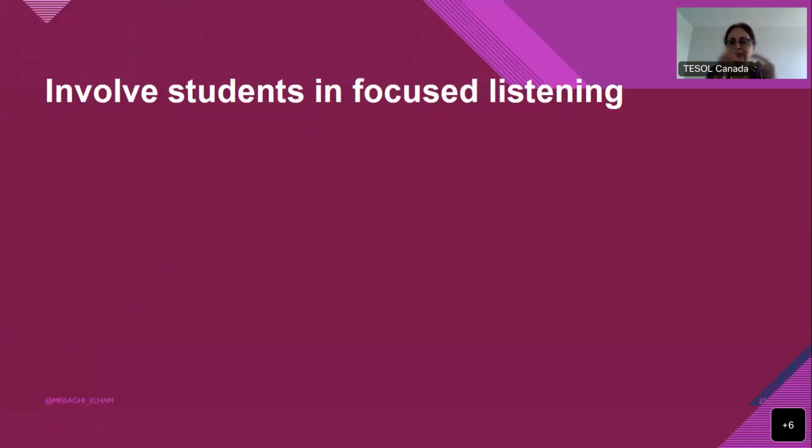And after that, give them an activity or exercise, like asking some general comprehension questions, to help them focus on the listening. So how can you help the students to focus on listening? What can you do to help your students concentrate better, focus on the listening? What strategy can you suggest?